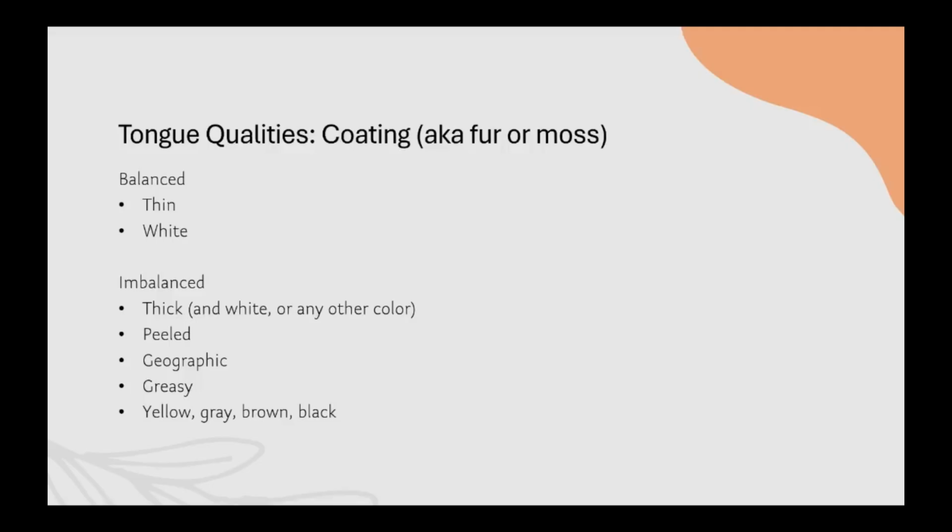I think it's easier to see by looking at a lot of people's tongues and seeing people who don't have a coating versus those who have a coating that's thicker or has a different color to it. But it's almost an unnoticeable thing because it's just what's healthy.